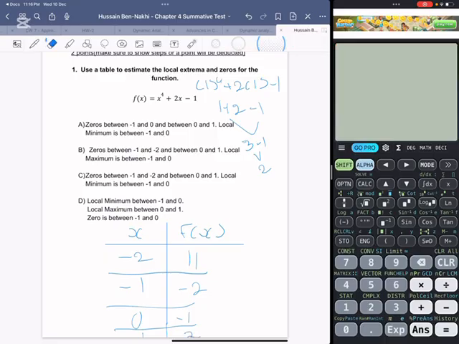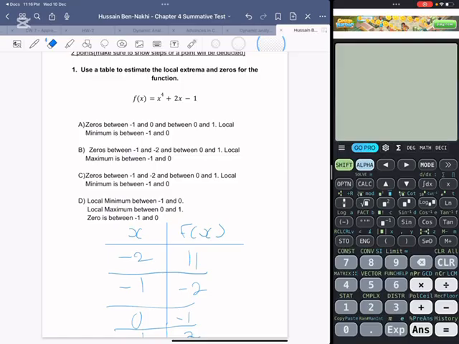Now that we have our points, you graph them and locate the zeros. You can do this using a graphing calculator. So after plugging it into the calculator, you see that x is -2, f of x is 11, and at -1 it is -2.